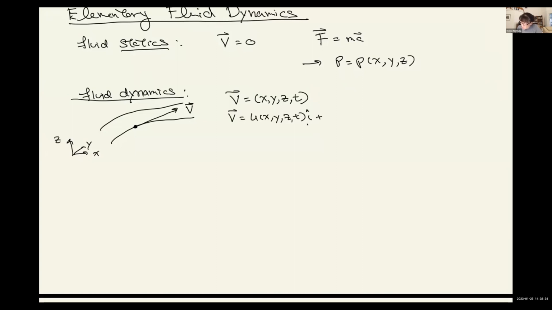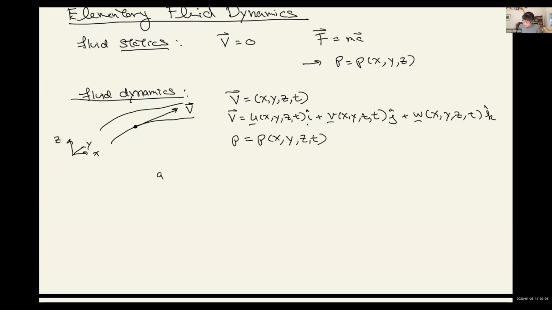So there's the X component U, the Y component V, and the Z component W. So the X, Y, Z components of the velocity vector. And we'll also have in general then the pressure, which may also be a function of both space and time.